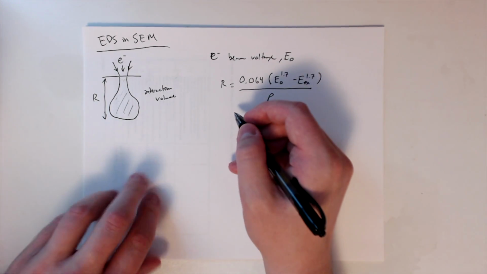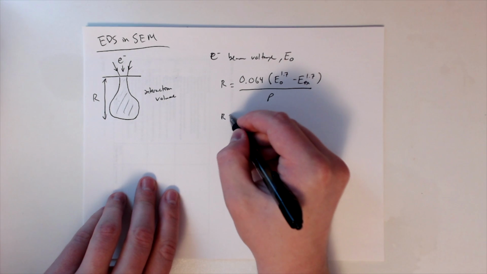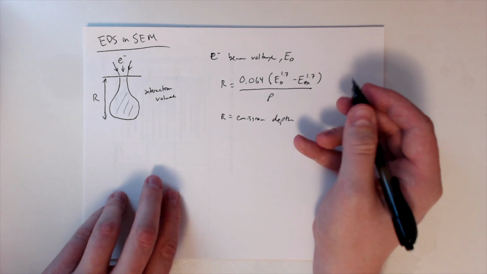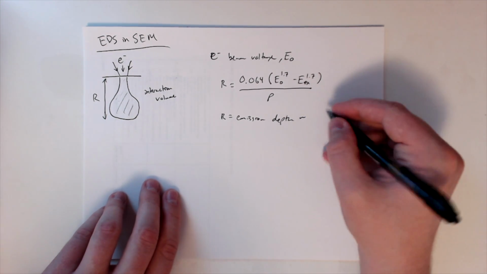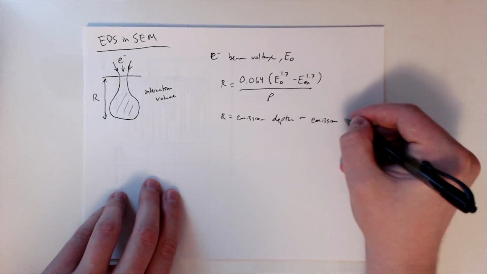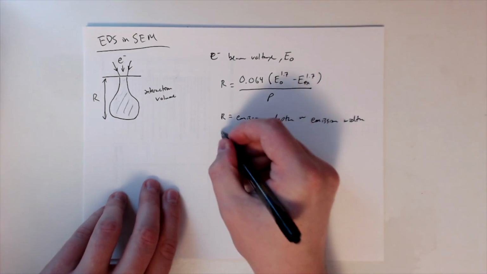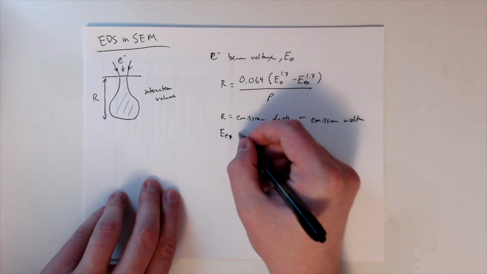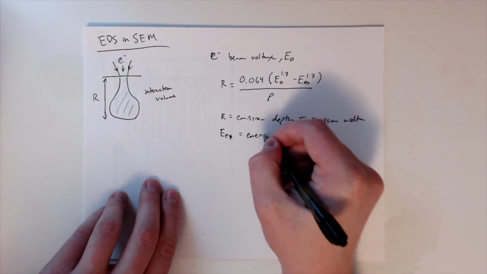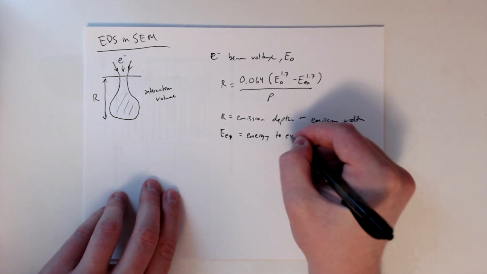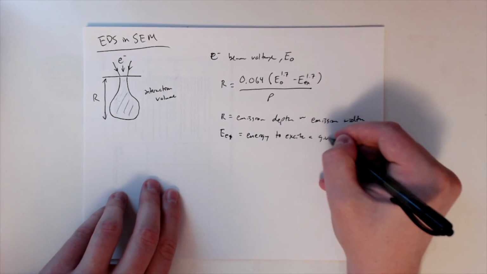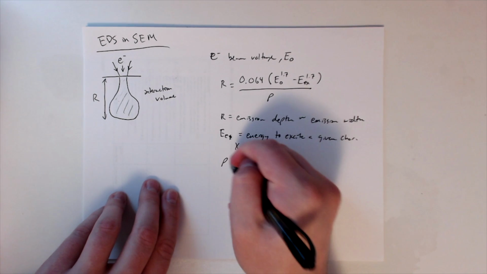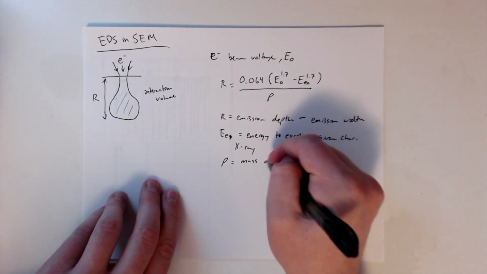Just to rehash, R is the emission depth, which is roughly equivalent to the emission width. EX, on the top, is the energy to excite a given characteristic X-ray, and rho is the mass density.